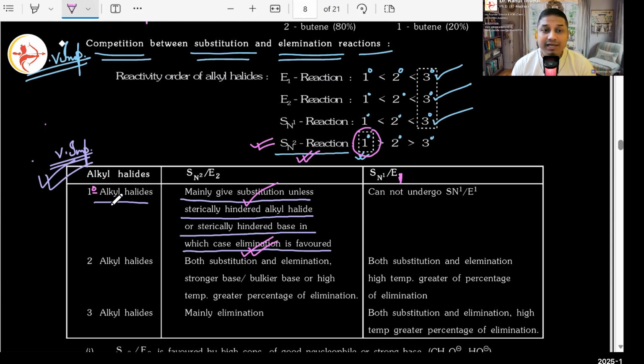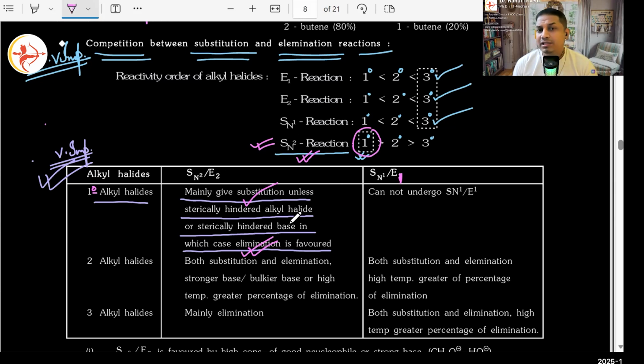In case of 1 degree alkyl halide it can also happen, provided the alkyl halide is not that sterically hindered, and the attacking base is sterically hindered, huge in size. Then SN2 will not happen and E2 will happen. Are we clear?